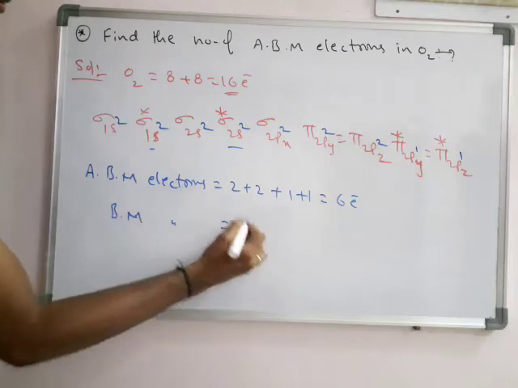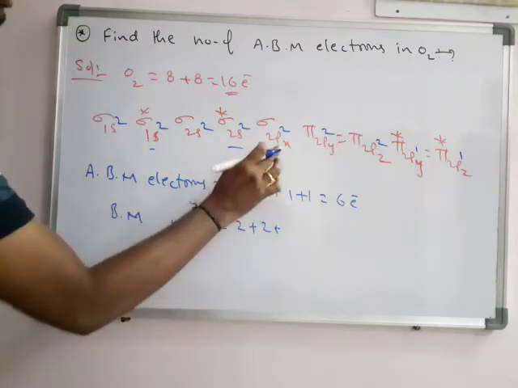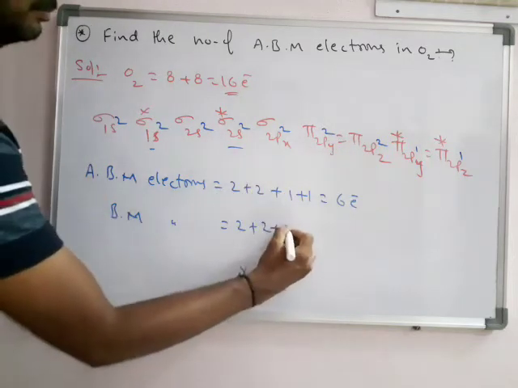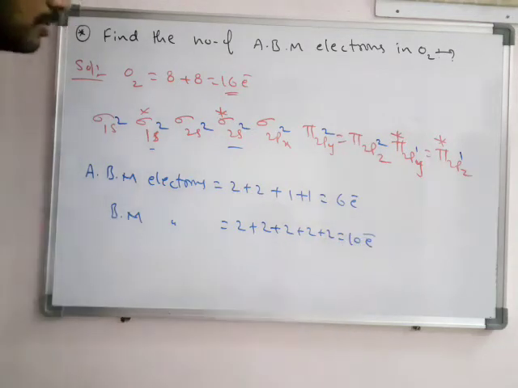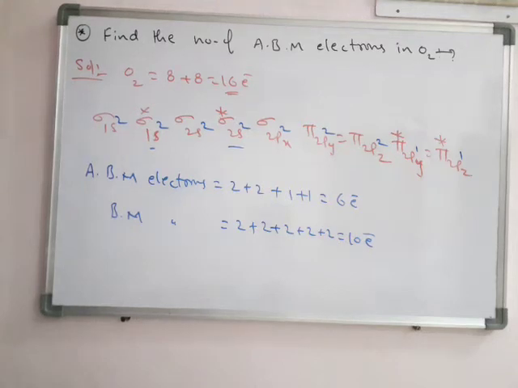Here 2, 2, 2, 2, 2, totally 10 electrons. The question may also ask for the number of bonding electrons or antibonding electrons. We just need to get the configuration correctly. The answer is 6 electrons.